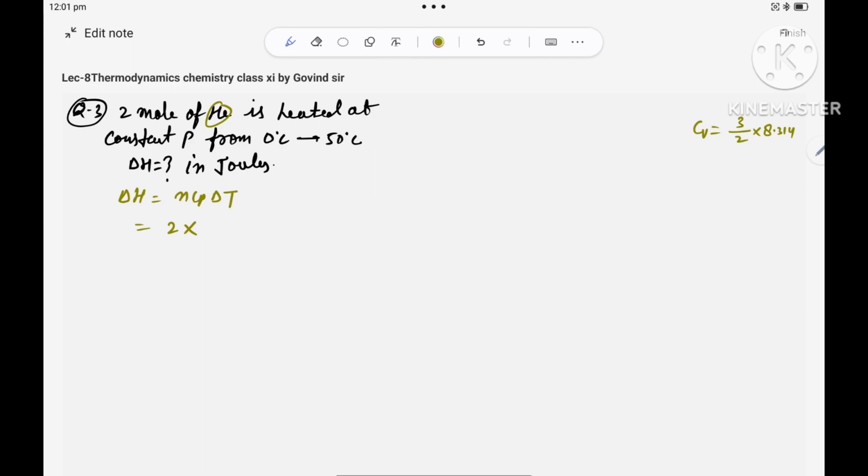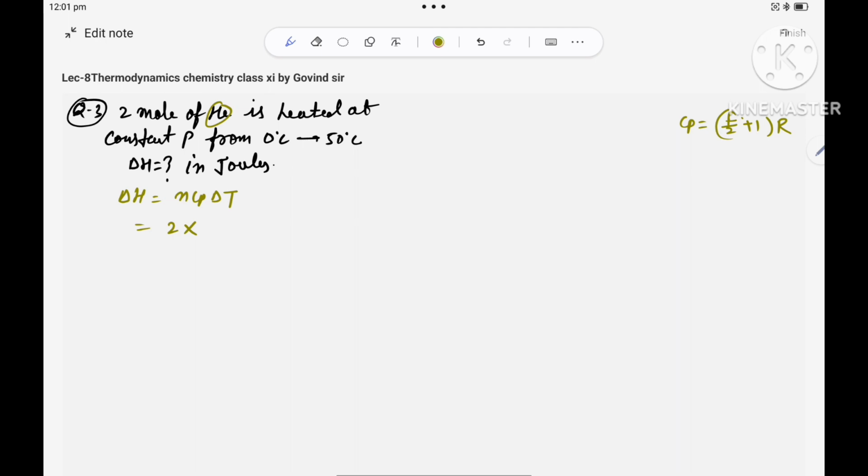So Cp is equal to, or direct formula you can apply. Cp is equal to f by 2 plus 1 into R. So f by 2 means 3 by 2. So 3 plus 2, 5 by 2.